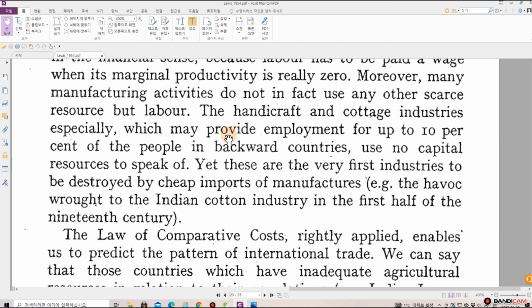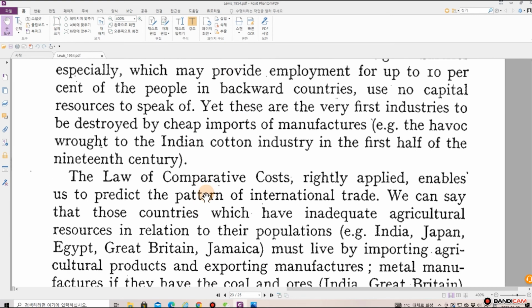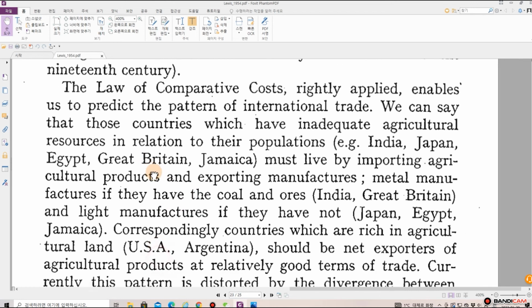The handicraft and cottage industries especially, which may provide employment for up to 10% of the people in backward countries, use no capital resources to speak of. Yet, these are the very first industries to be destroyed by cheap imports of manufactures, e.g., the havoc wrought to the Indian cotton industry in the first half of the 19th century.